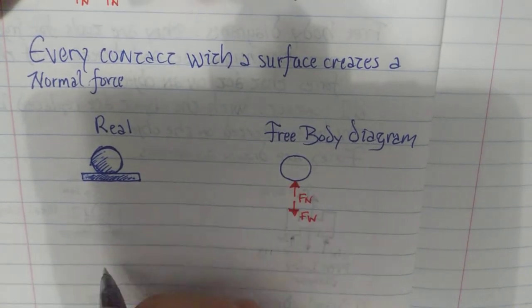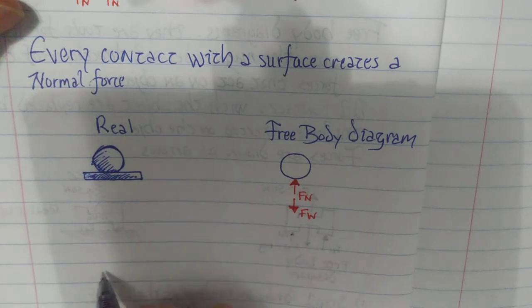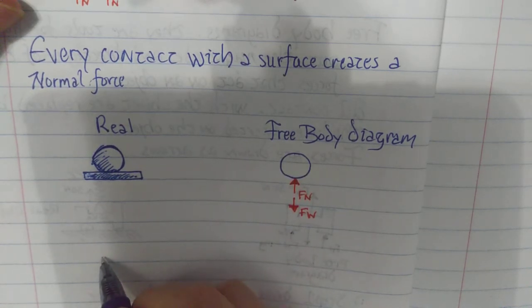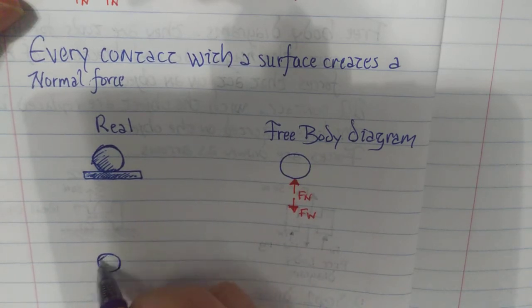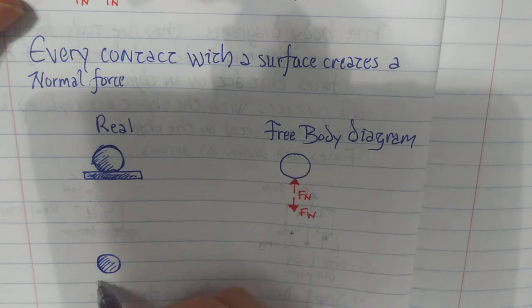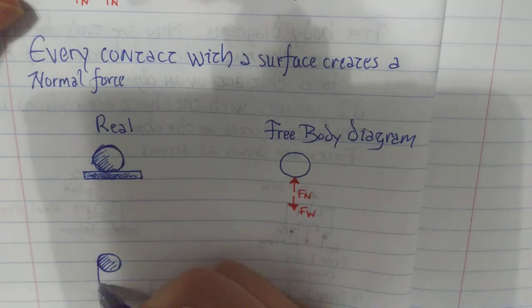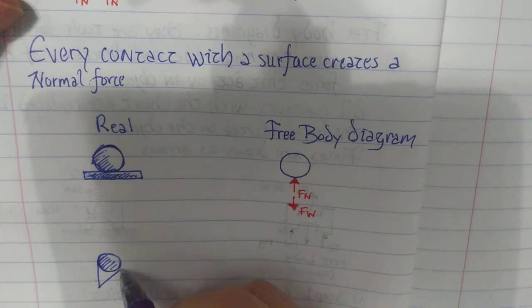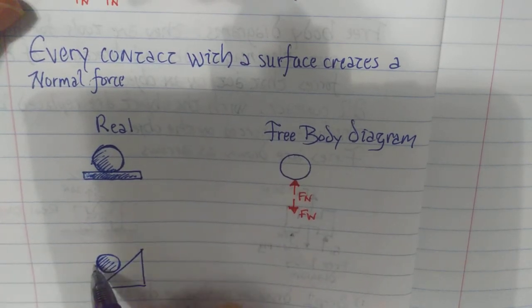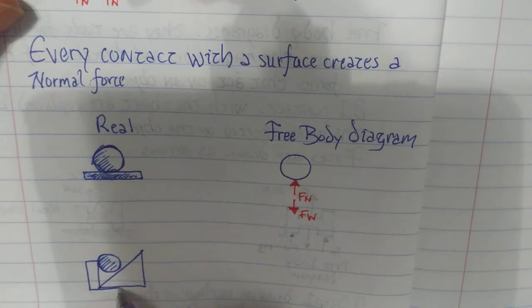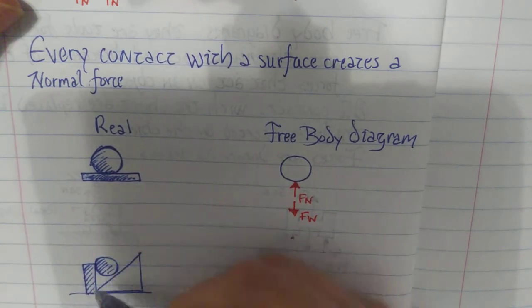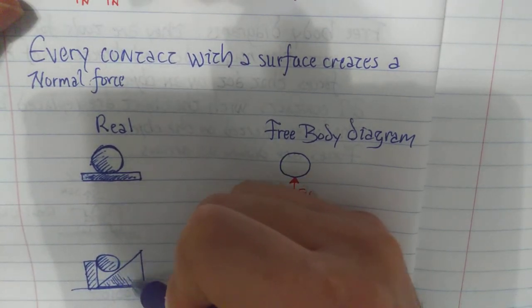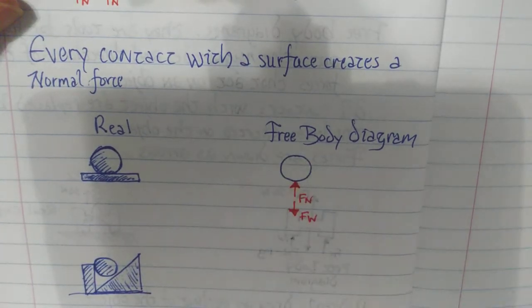Now then we have a more complicated example. We have a ball, and then we have a wall coming down and a ramp. Alright, so what does this one look like?